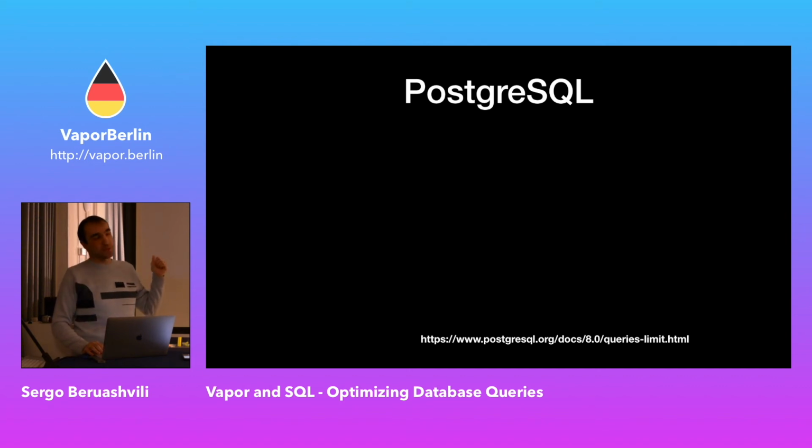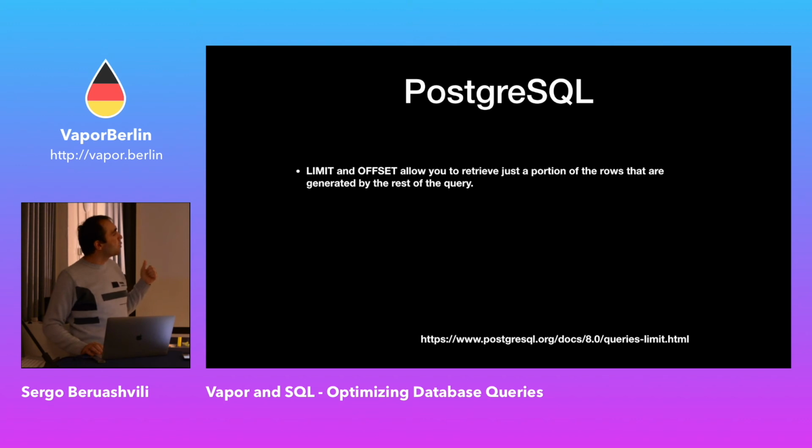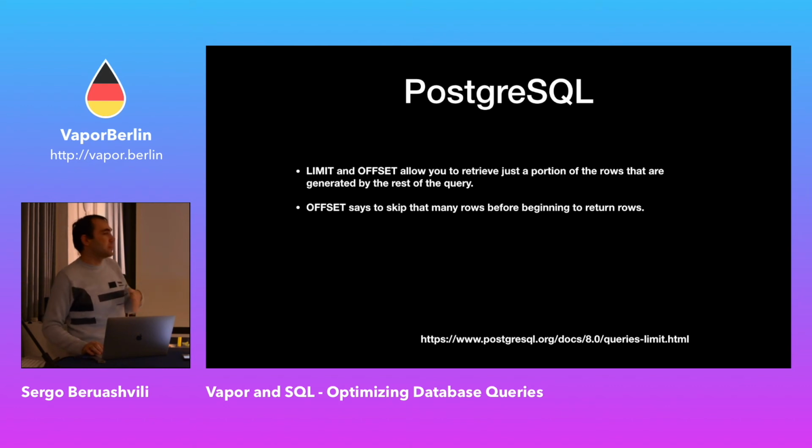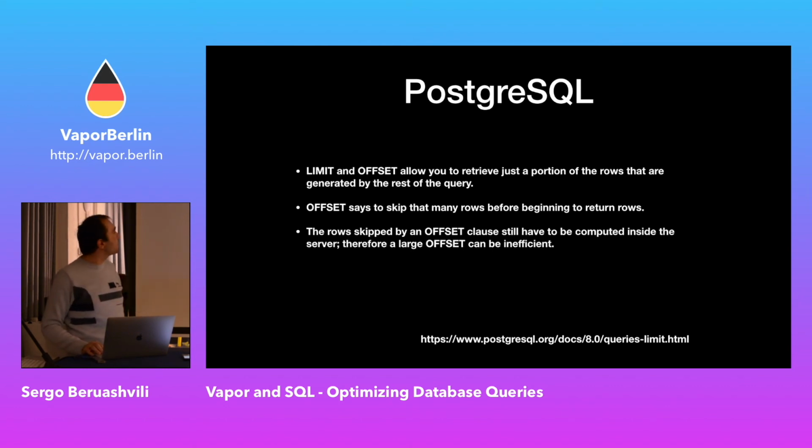If we read PostgreSQL's documentation about limit and offset, they say that limit and offset give you the ability to get a certain range of the rows, that offset allows you to skip some rows, and the problem is that rows skipped by offset still have to be computed by the database.